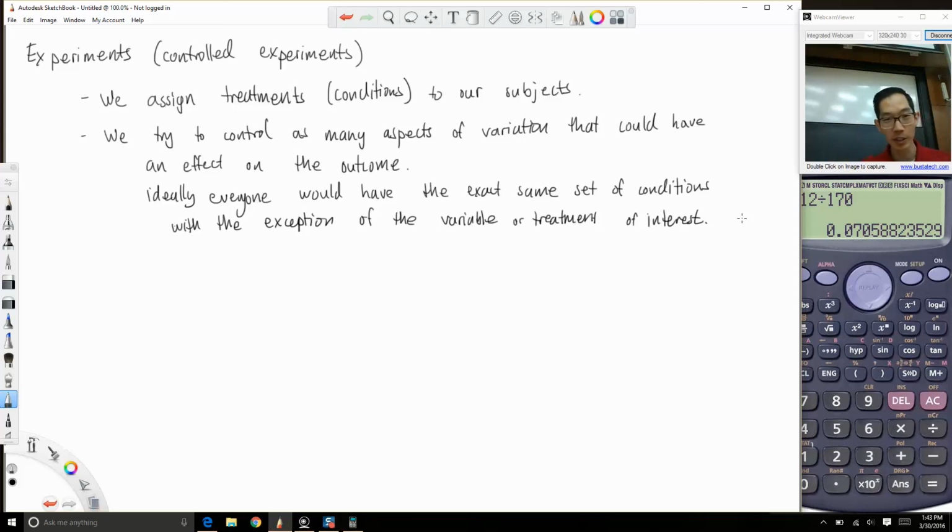Okay, so let me just summarize everything I said there in a few lines. Ideally everyone would have the exact same set of conditions with the exception of the variable or treatment of interest.